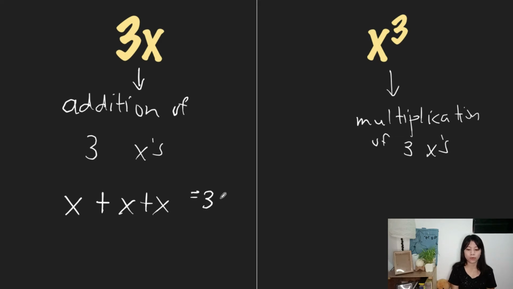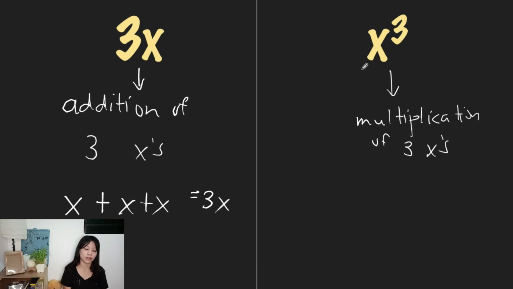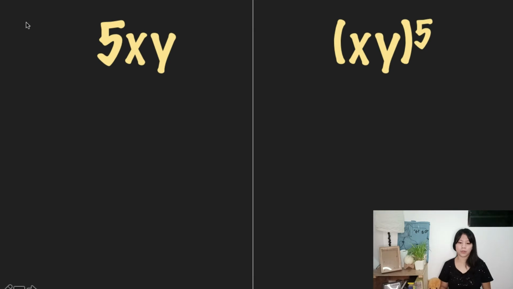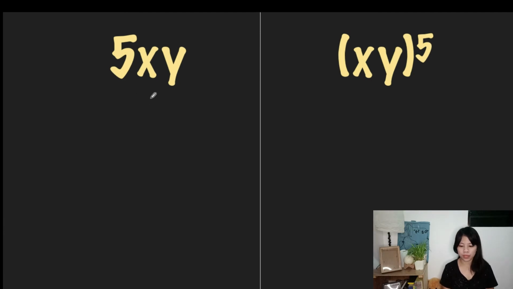So, this is equal to 3x. Pag sinabi naman natin x raised to 3 or x cubed, it is the multiplication of 3x's, meaning x times x times x. This is equal to x cubed. Let's have another example. We have here 5xy and quantity xy raised to 5. Pag sinabi nating 5xy, ibig sabihin, ito yung addition ng 5 na xy. Okay?